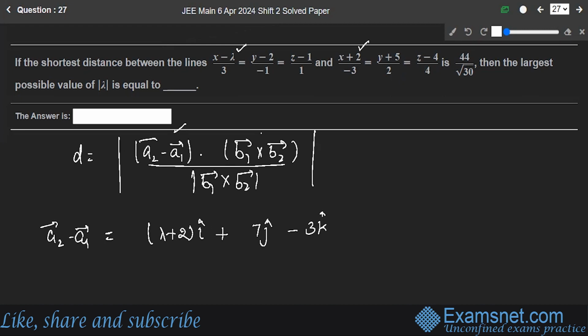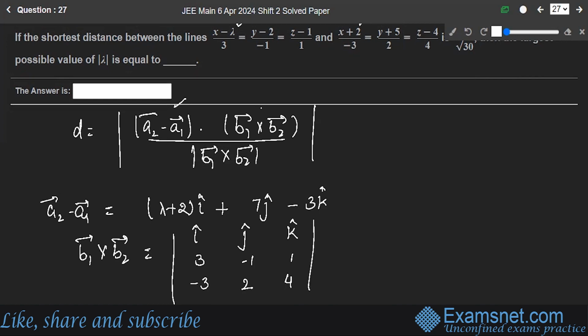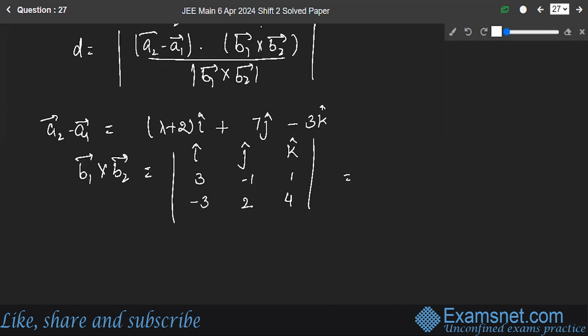Now let's calculate B1 cross B2. This is i, j and k, and this is 3, minus 1, and 1, minus 3, 2 and 4. So this gives minus 4 and minus 2.